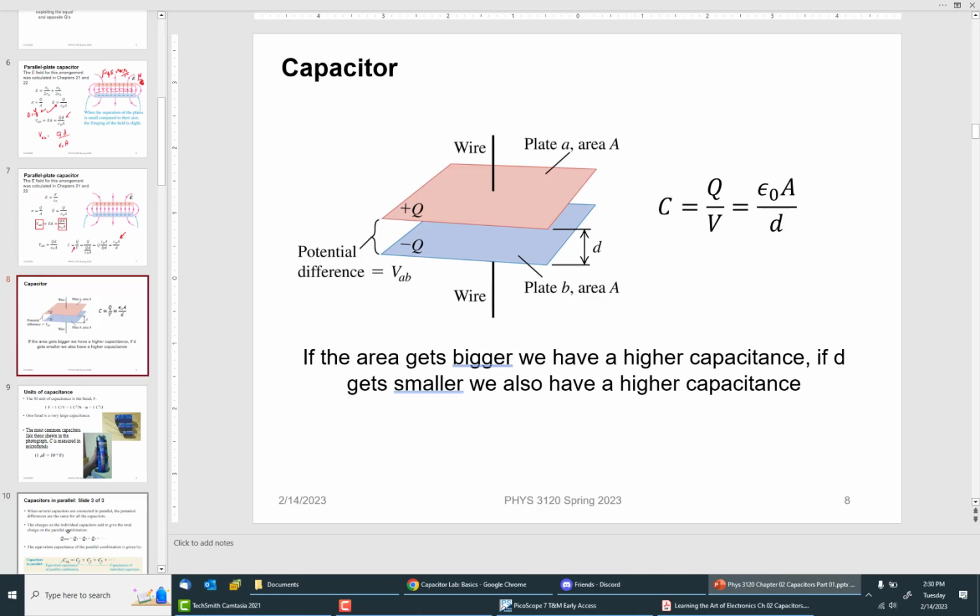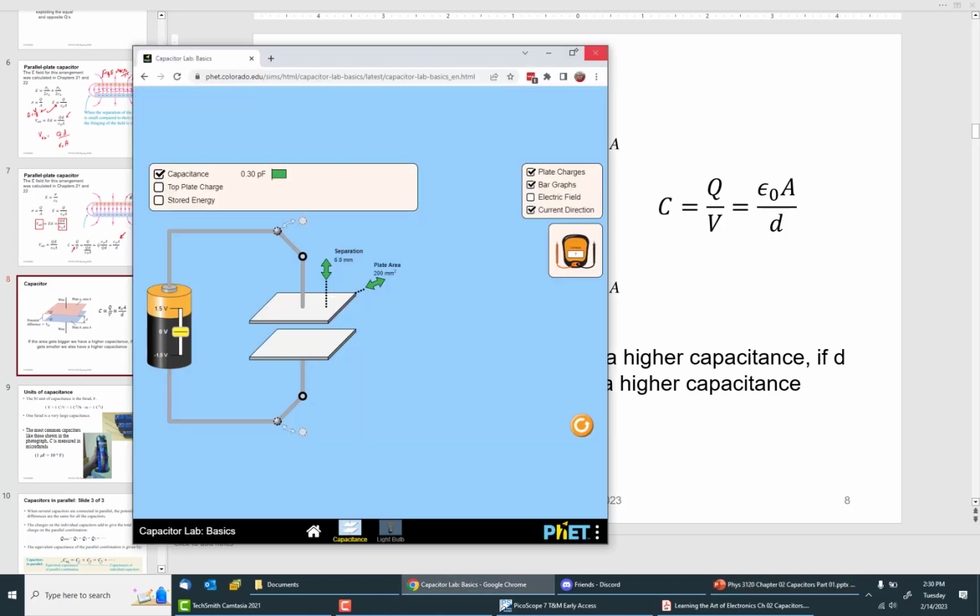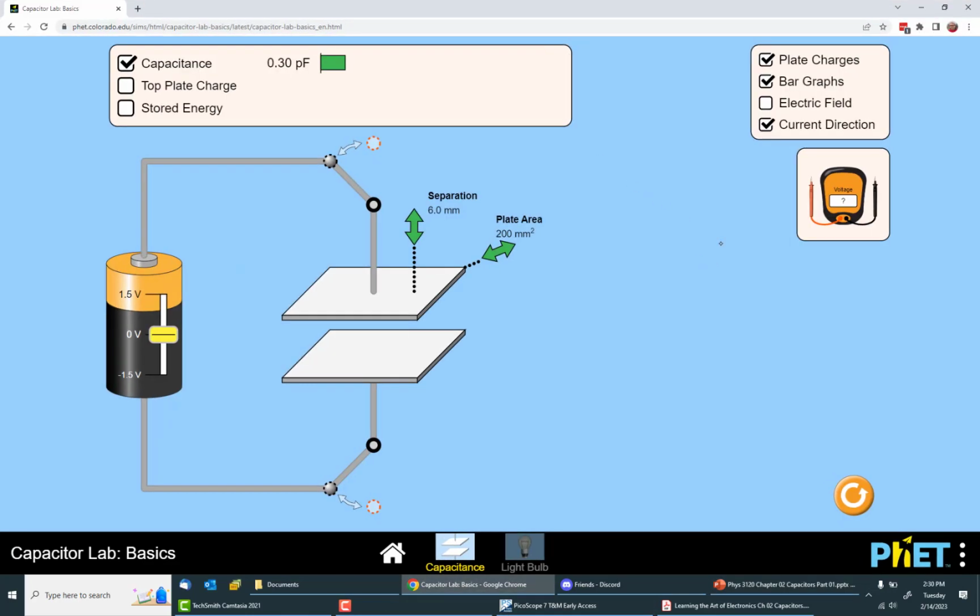And I've linked it into the module. These PhET sims are really useful things. If I have my battery here, and I can start increasing the voltage, you see that the charges build up. You see that the electric field builds up.